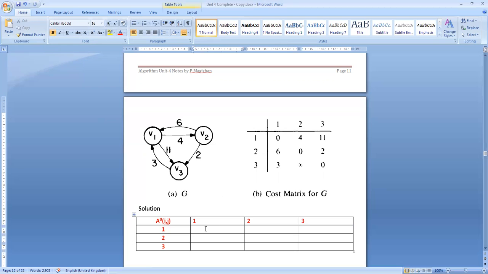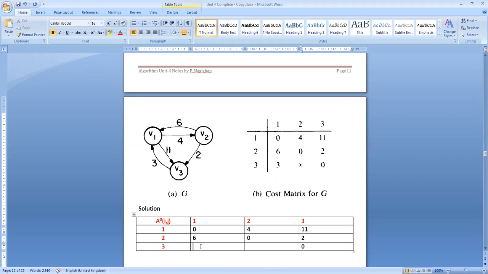Now A of 1 comma 1 is 0, A of 2 comma 2 is 0, A of 3 comma 3 is 0. Then 1 to 2 is 4. Then 1 to 3 is 11. Then 2 to 1 is 6, and 2 to 3 is 2.